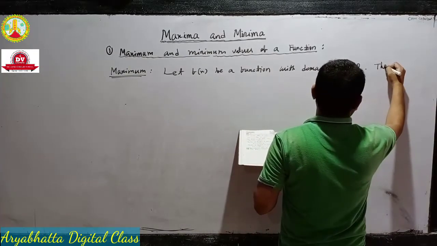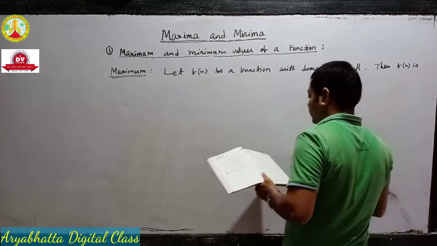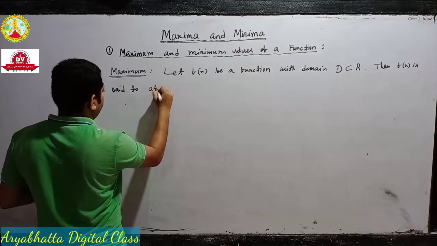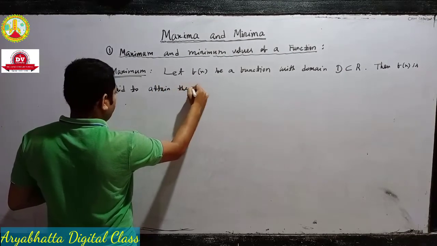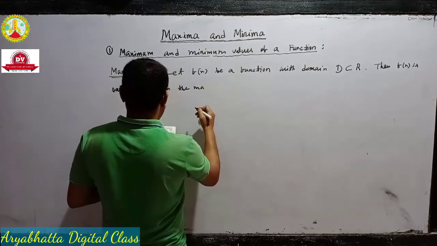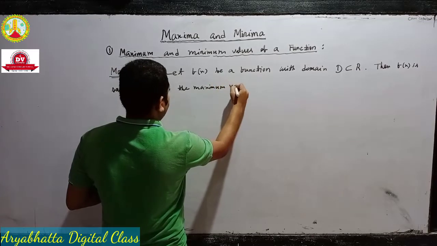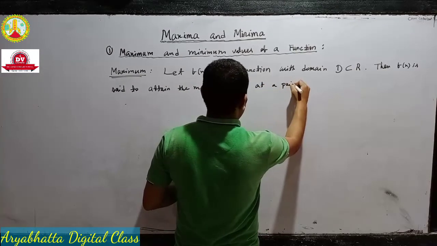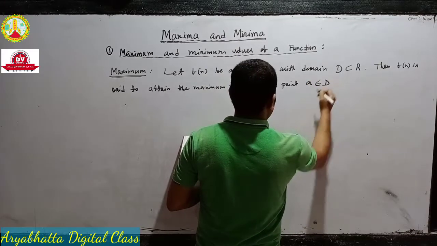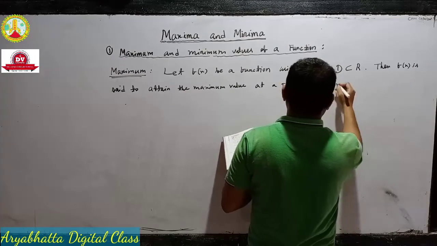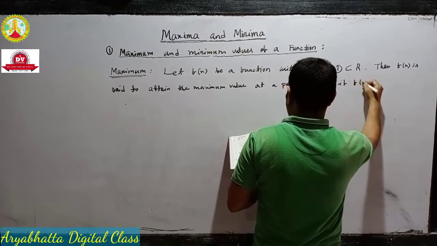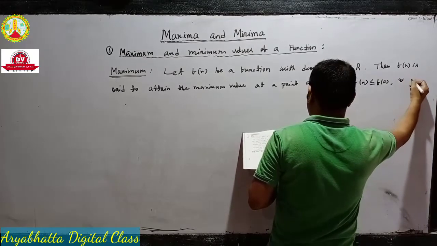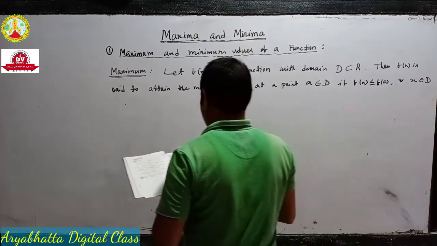Then f of x is said to attain the maximum value at a point a belongs to D, where a is an element of the domain set, if f of x is less than or equal to f of a for all x belongs to D.